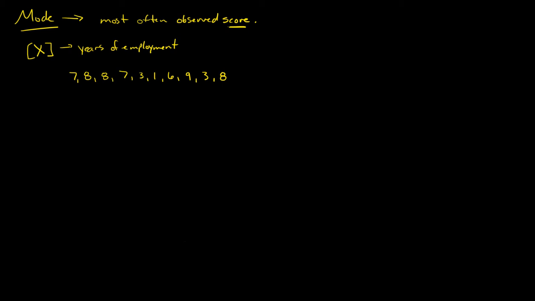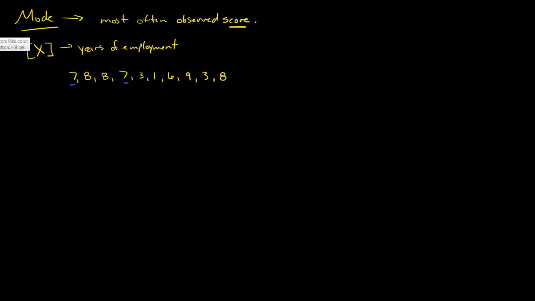All right, so the most often observed score. Even though these scores are not ordered from highest to lowest or lowest to highest, we can still quickly scan across here and see that, well, let's just look at sevens. We have 2 sevens here. Do we have anything else that's greater than a frequency of 2? Well, we do.